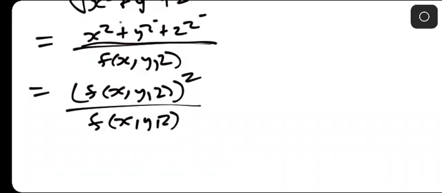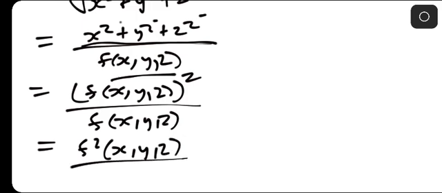So this is the same as f squared of x, y, z, divided by f of x, y, z. We can prove this with the laws of exponents.